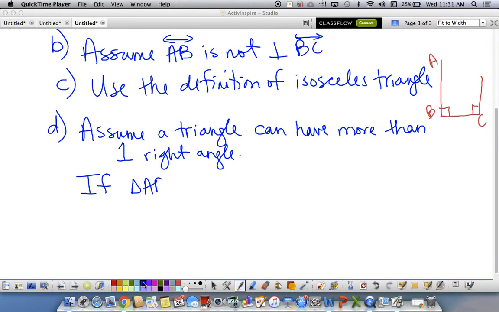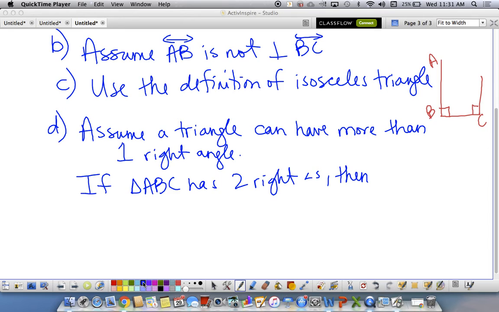So, if triangle ABC has two right angles. Okay, so if this triangle has two right angles, then what happens? Then, okay, that's how we would phrase this. Grammatically correct is probably a good thing. Sometimes I think about grammar after the fact.